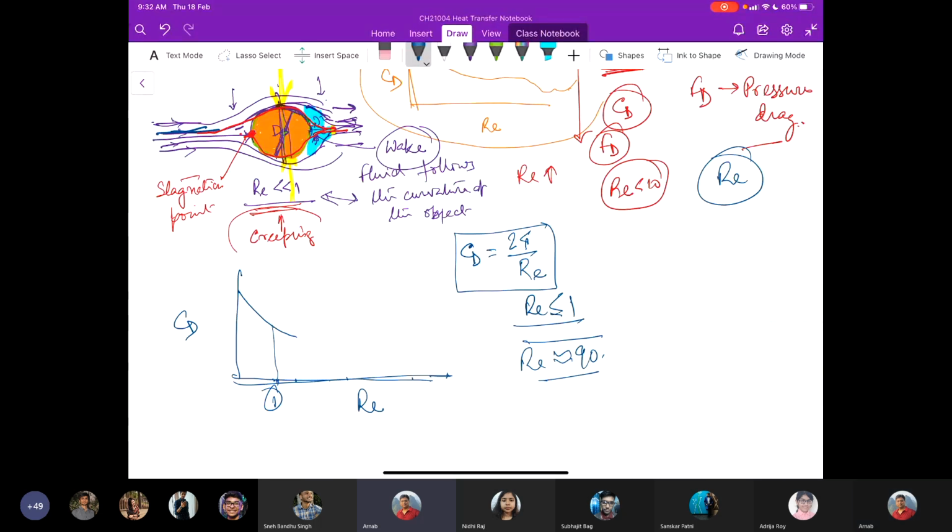Until this region, when there is separation at 10 to the power 3, the drag force is principally contributed by the pressure drag. So the drag coefficient continues to decrease with increasing Reynolds number in this range.